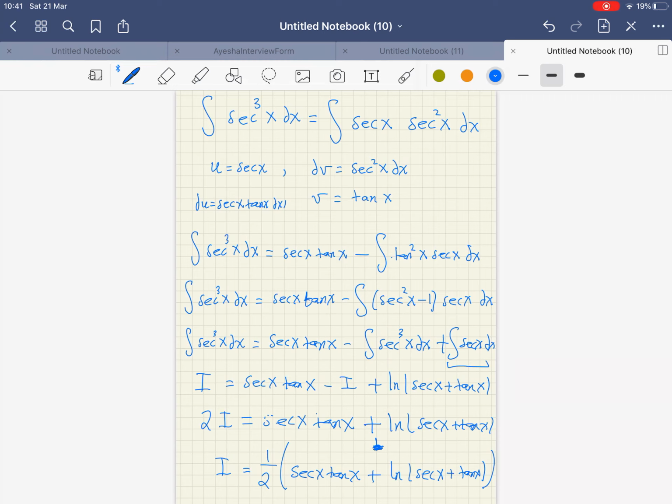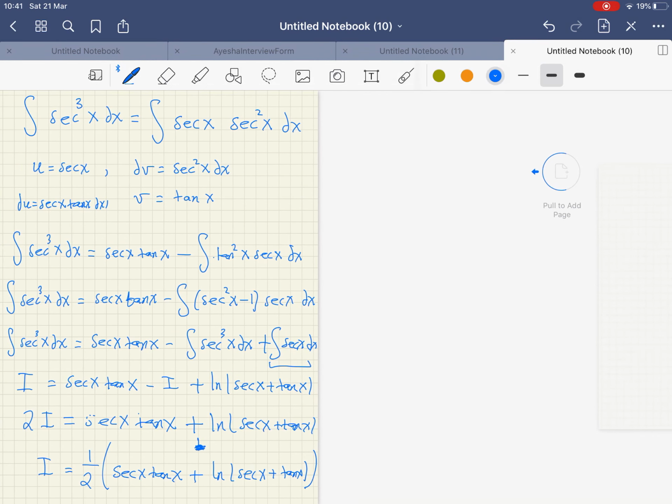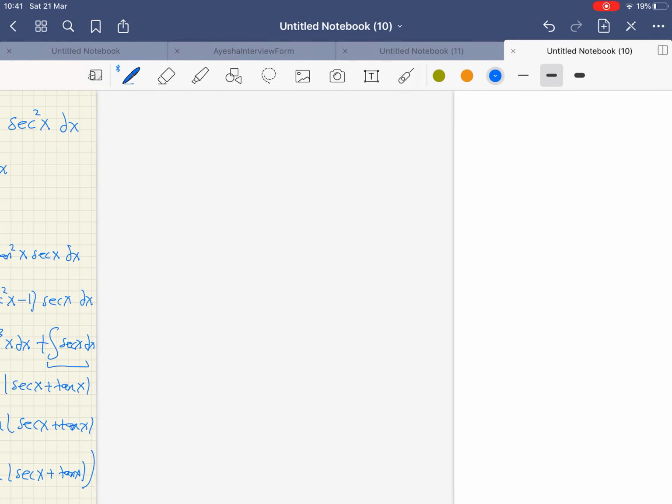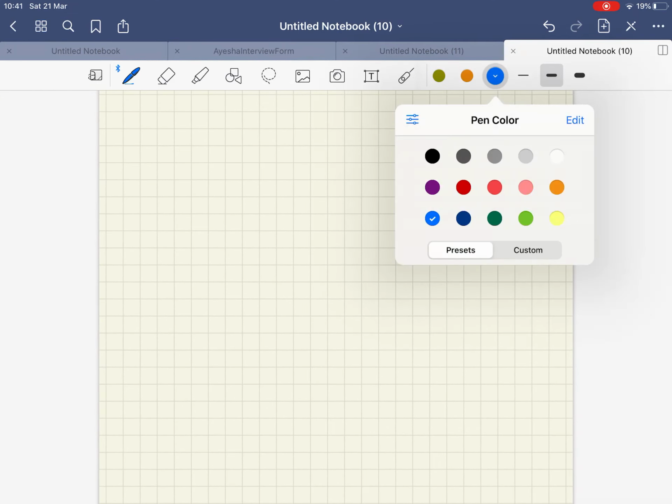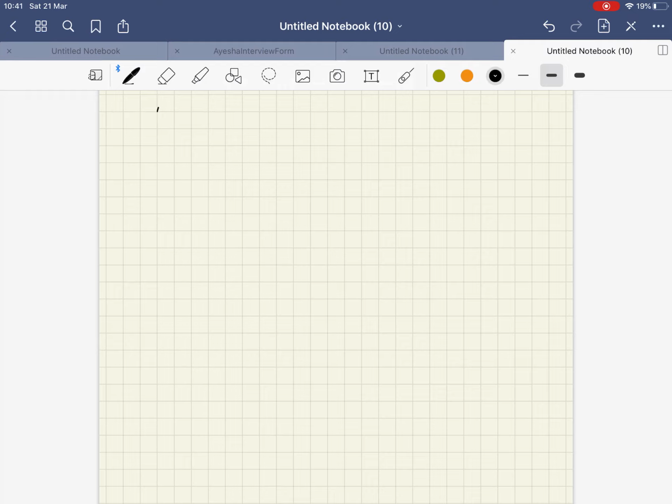Now, let's see another example using the same idea, something like this. Let's say we have the integral of tan to the power 4 x times secant cubed x dx.